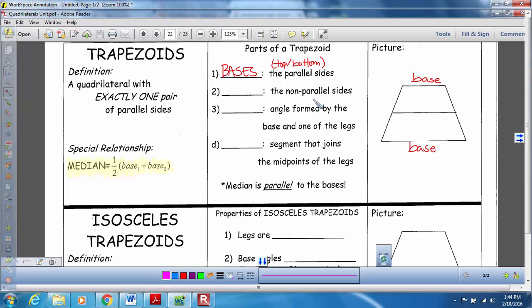Then the non-parallel sides, the only two non-parallel sides, are this and this. These are called the legs. So here's one leg, here's the other leg.